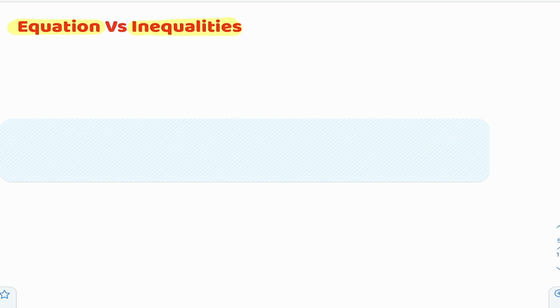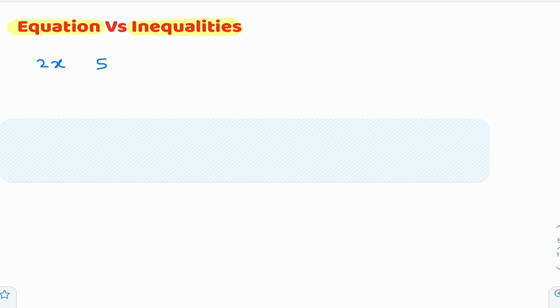Now we'll come to the difference between equation and inequality. What is the difference between equation and inequalities? First, what is an equation? Between two numbers or two algebraic quantities, if we use the symbol equal, then that will form an equation. For example, I'll take two algebraic quantities, 2x and 5.